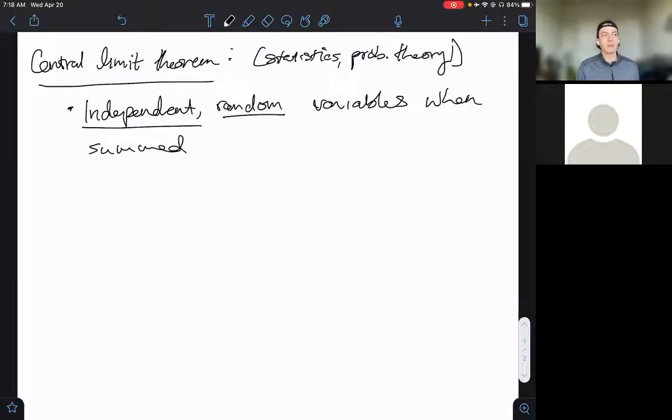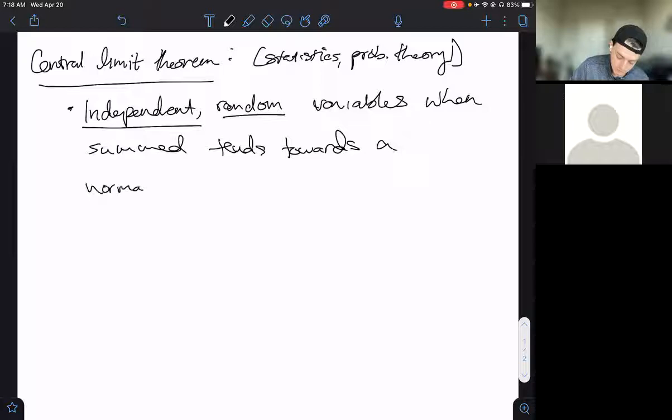So for example, if we know the percentage or the probability of a heads or tails in a coin flip, we know it's about 50-50. However, if we take 10 coin flips or 100 coin flips, if we take the sum of the outcomes, when summed, it tends towards a normal distribution.